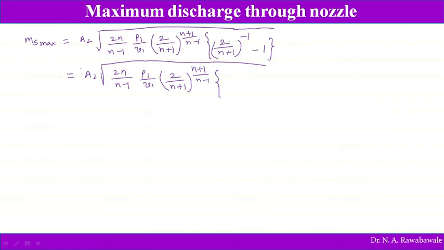So in this bracket, 2/(n+1) with power minus 1 can be written as ((n+1)/2) minus 1. So again we can simplify this bracket. This bracket, (n+1)/2 minus 1, the LCM will be 2: n plus 1, 2 into 1 is minus 2. So this becomes (n-1)/2. So this bracket becomes (n-1)/2.